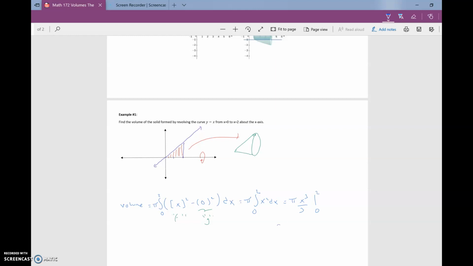So we're looking at pi times 2 to the third divided by 3 minus 0, or 8 pi over 3 units to the third power. That's going to be the volume.